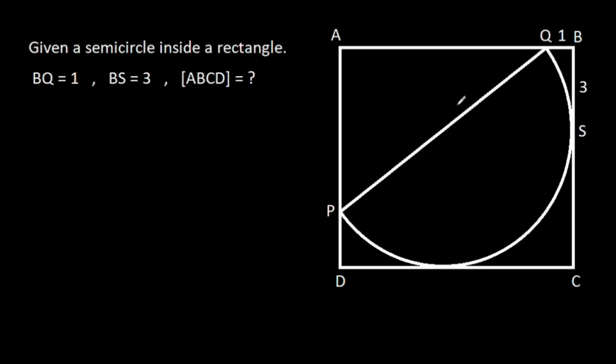In this video, we have been given a semicircle inside a rectangle, and BQ is 1, BS is 3, then we have to find the area of ABCD.